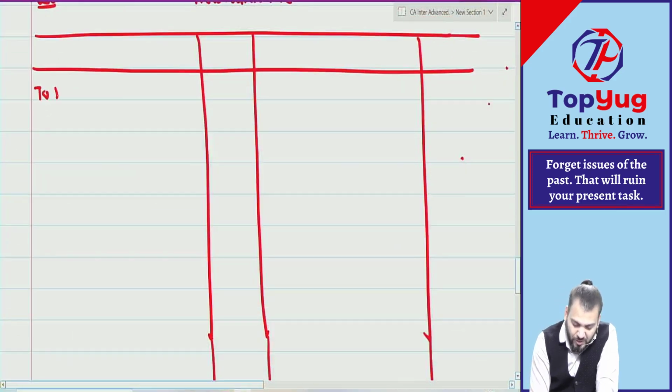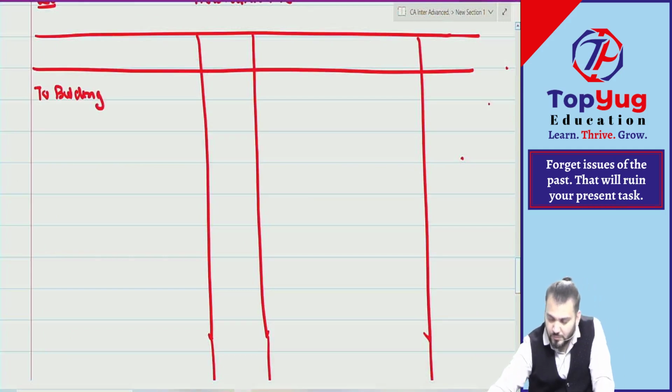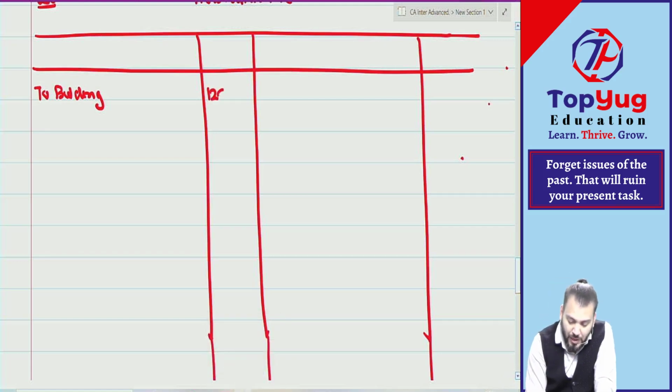To building how much? 105%, na? So it is 1,20,000 into what? 105%. 1,26,000. Correct.